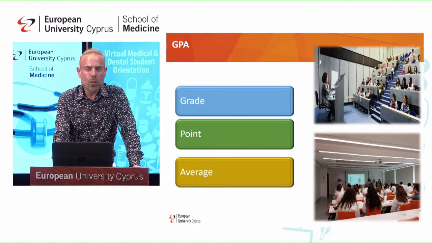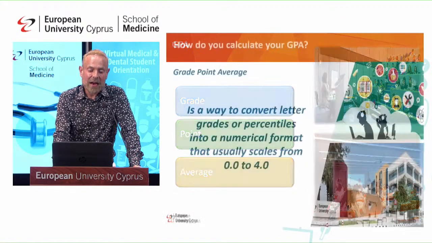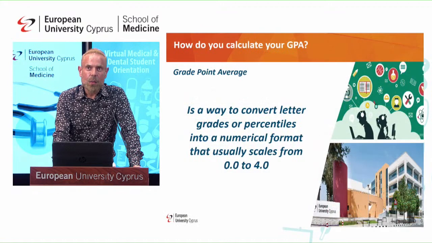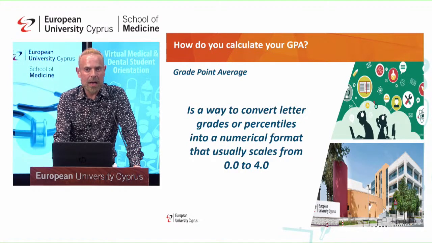So in reality, when we're speaking about the GPA, we're speaking about 3 different things: the grade, the point, and the average. And how do we calculate the GPA? The GPA is the way in which we convert letters, for example, A, B, C, to numbers from 0 to 4, with 0 being an F grade and 4 being the A grade.